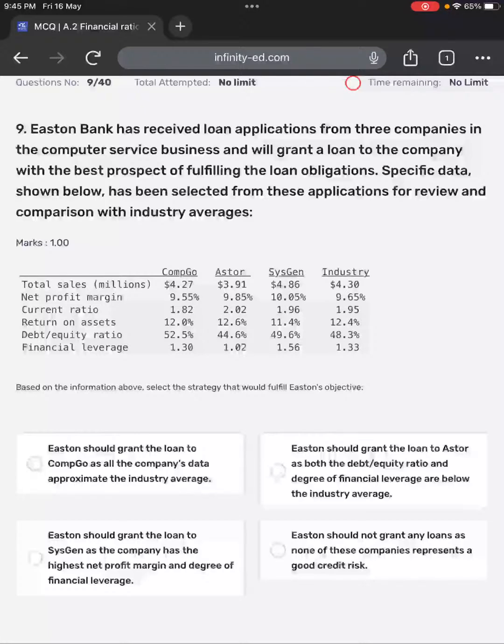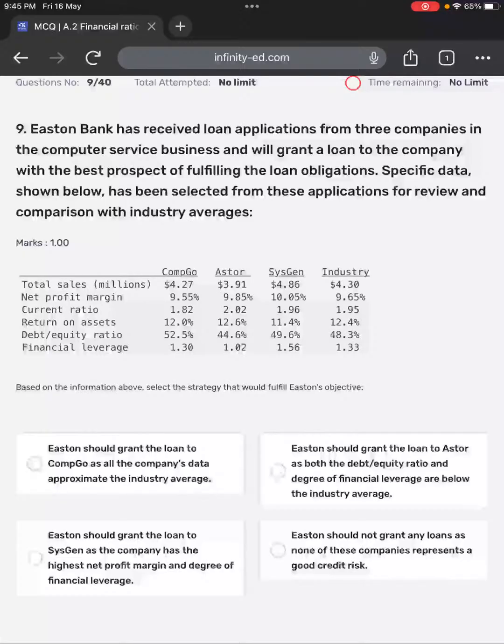The question says Stone Bank has received loan applications from the three companies in the computer service business and will grant the loan to the company with the best prospect of fulfilling the loan obligations.